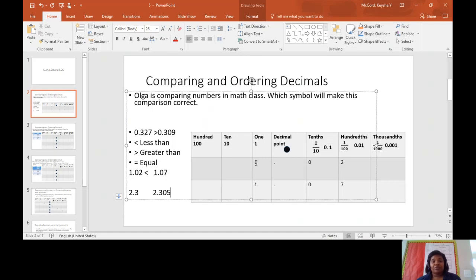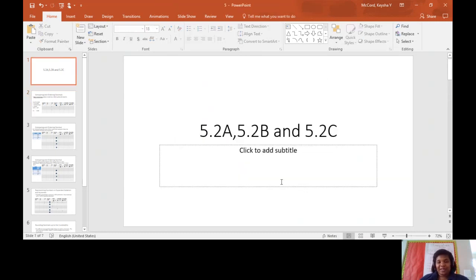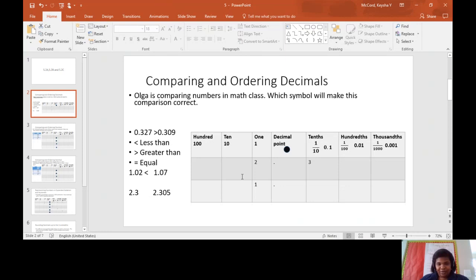So I'm going to do the same process again. I'm going to put my number in my place value chart. Now, I'm doing this on the computer. You're going to be writing this down.